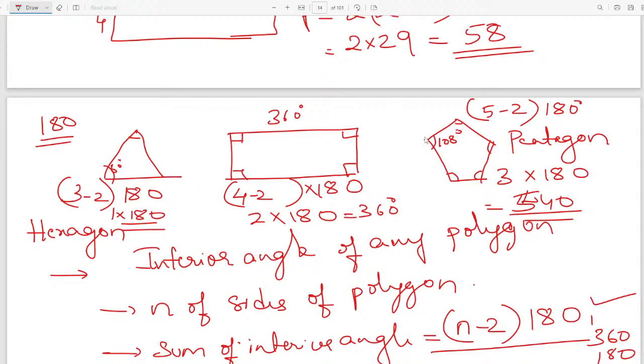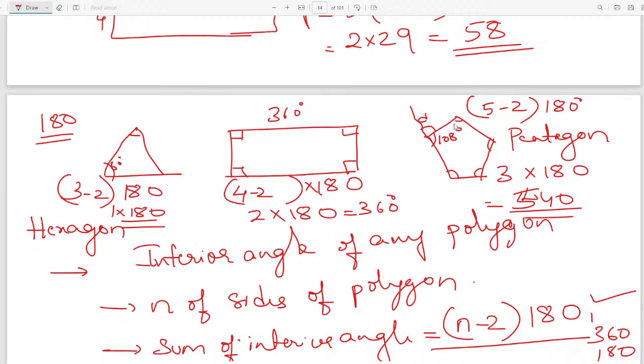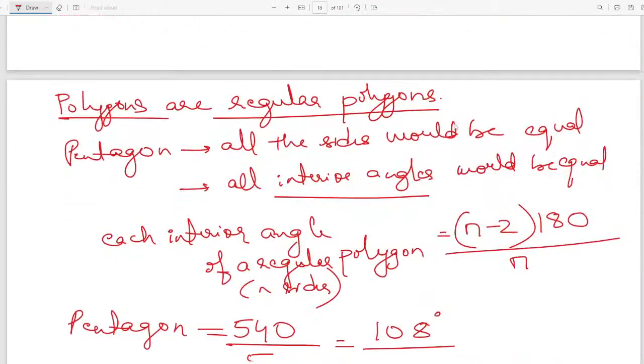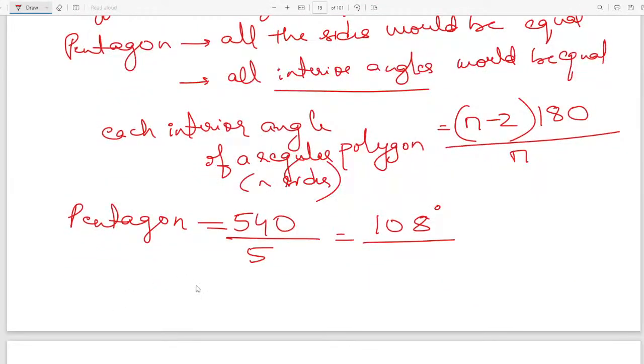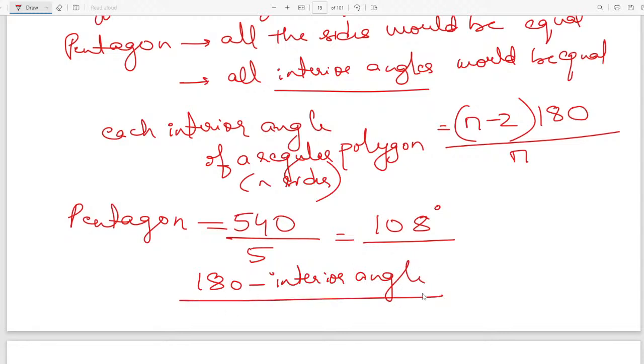If I extend this line, I'm sorry, this line is not perfectly straight, this angle D is the exterior angle. The exterior angle would be 180 minus the interior angle. This would be the case with any polygon.